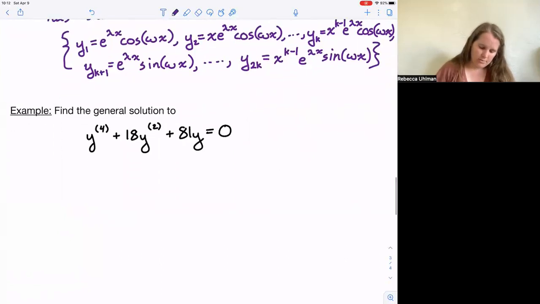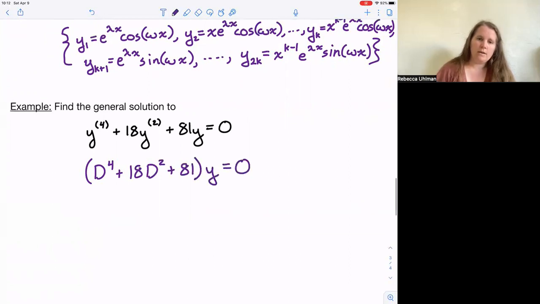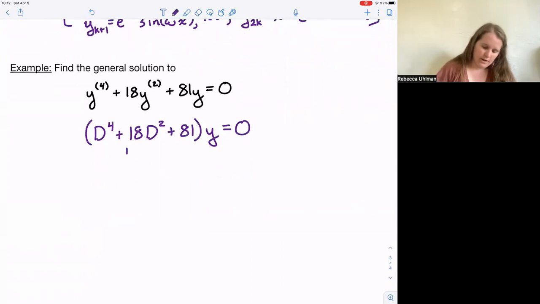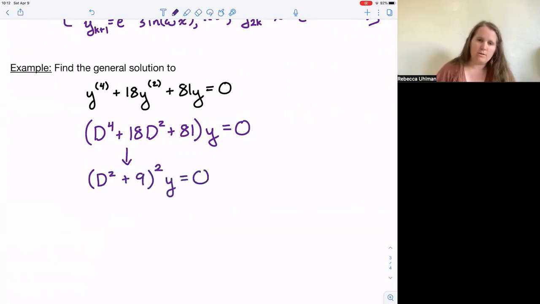So this becomes D to the fourth plus 18 D squared plus 81 all applied to y is equal to 0. This factors as (D squared plus 9), the whole thing squared, applied to y is equal to 0.